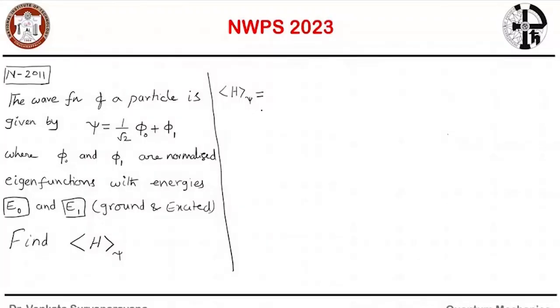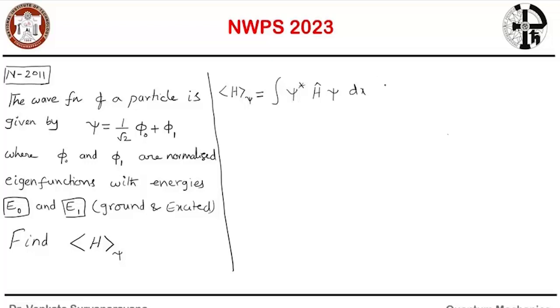This is a one-dimensional problem, so I integrate over the entire line, write psi star, then put the energy operator, which is the Hamiltonian, then psi again and dx. This is what expectation value means.